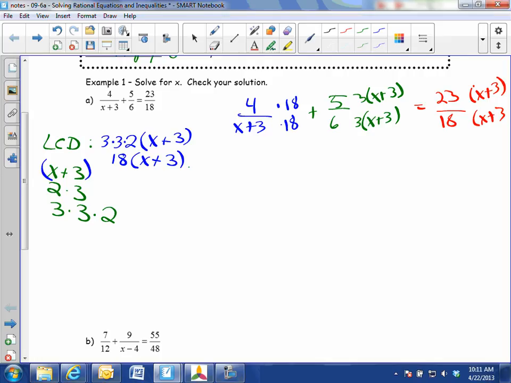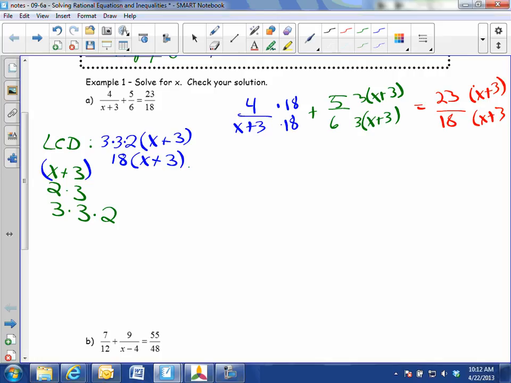Now I would look and see if we can cross cancel anything. Sorry, I shouldn't say simplify, I mean put together.